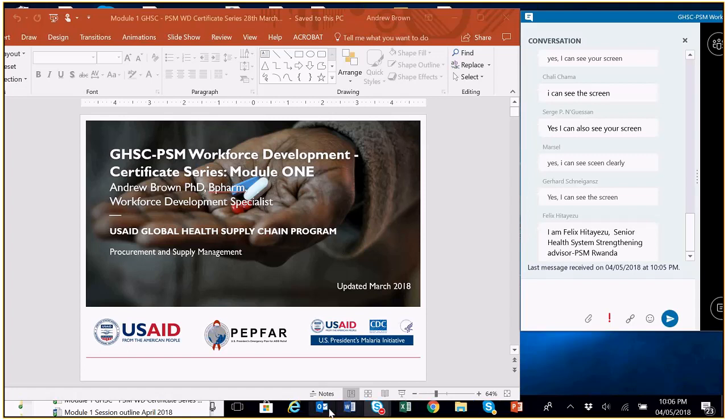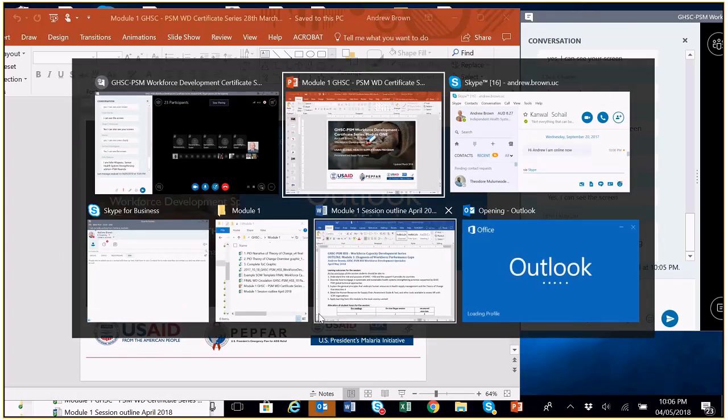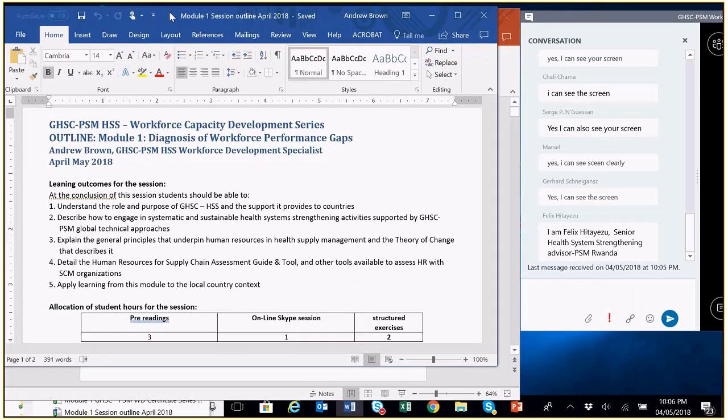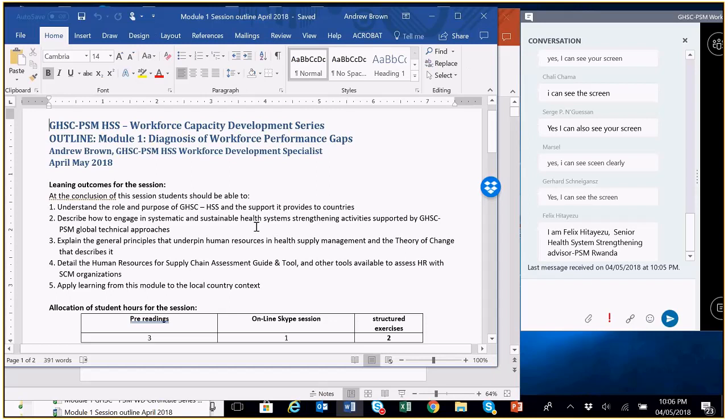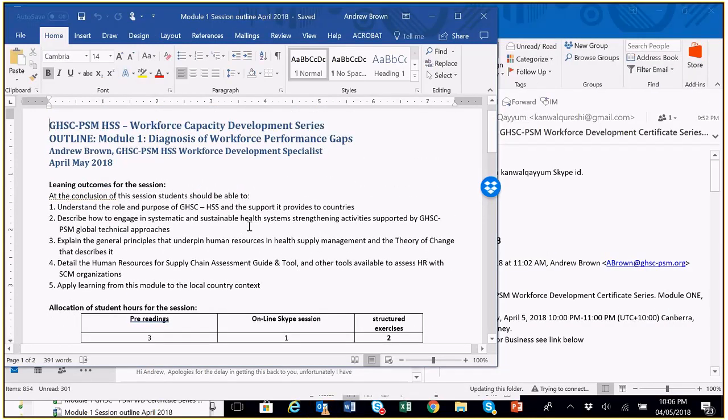In the invitation that you would have seen, you will have noticed a couple of attachments, and I wanted to bring up this particular attachment just to start. This is the session outline for this particular session. This workforce development series is going to have five modules, and there will be a different attachment for each of the five modules.